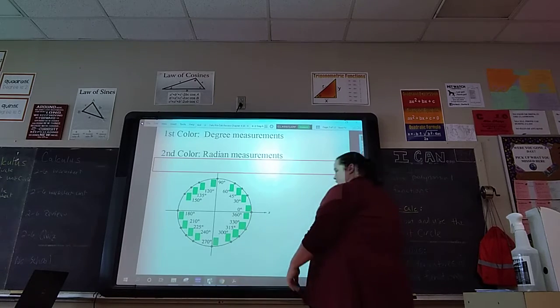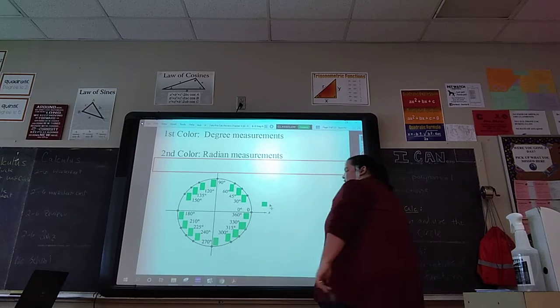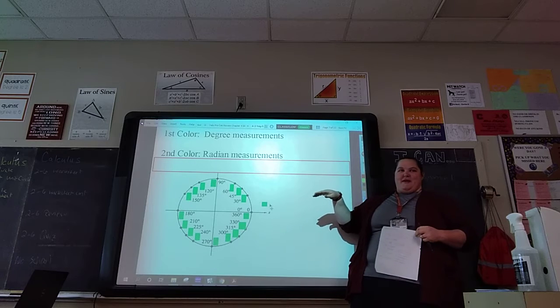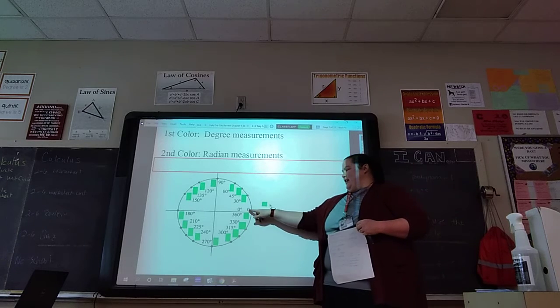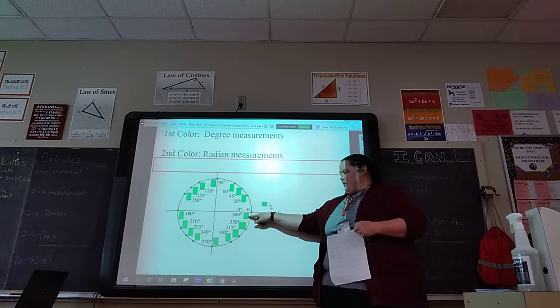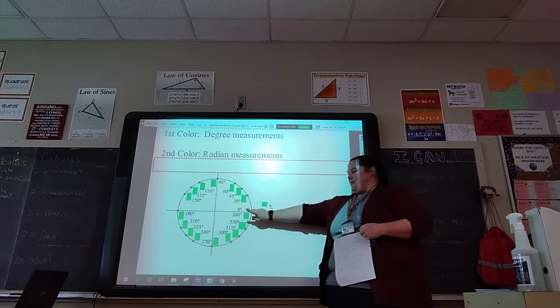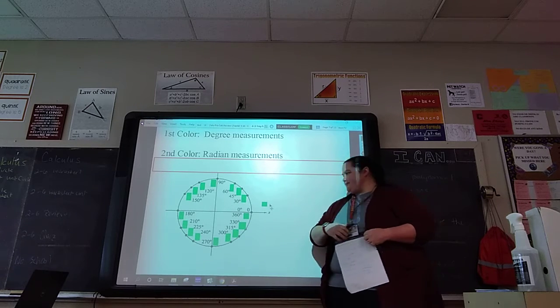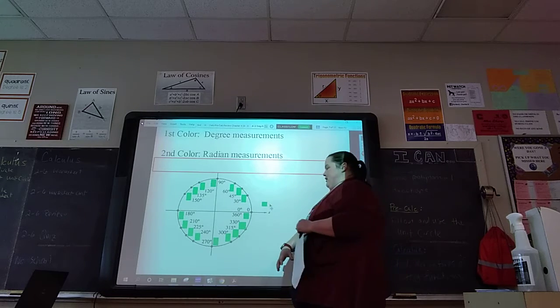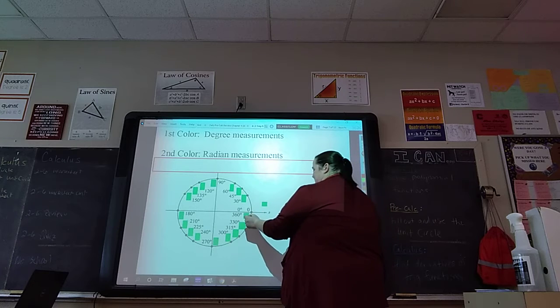So 0 degrees is also 0 radians. Okay, so the start is 0 no matter what. Again, there's two different measurements here for degrees and for radians, because again, this is our starting spot and also our ending spot. So if it's our start, it's 0. If it's our end, it's 360 or 2 pi in radians.